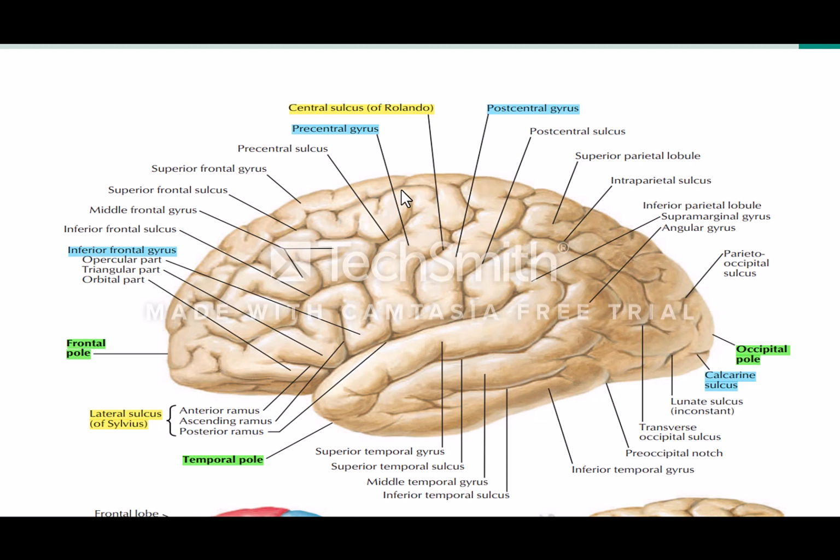This is our parietal lobe. If you look at the parietal lobe, that's where we've talked about the precentral gyrus and the post-central gyrus. We have the superior parietal lobe there, and the inferior parietal lobe.